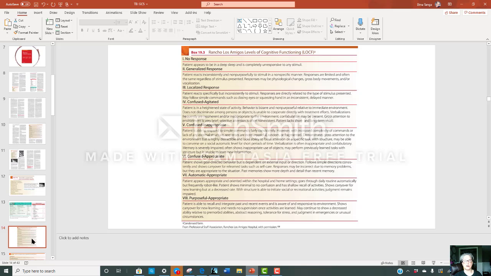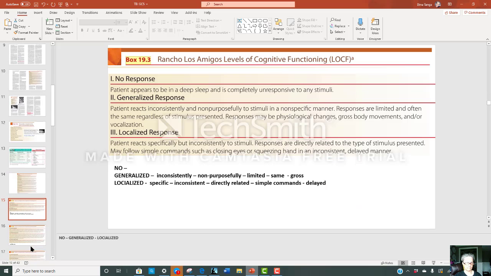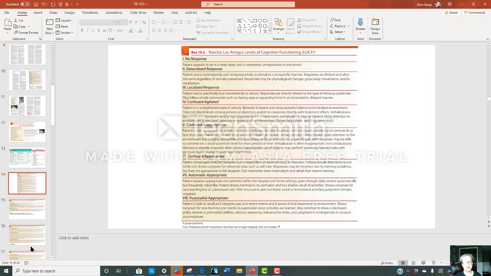Next shows the Rancho Los Amigos levels of cognitive functioning. I've broken it down into categories. There are 8 levels. You have 3 responses: no response, generalized response, localized response.